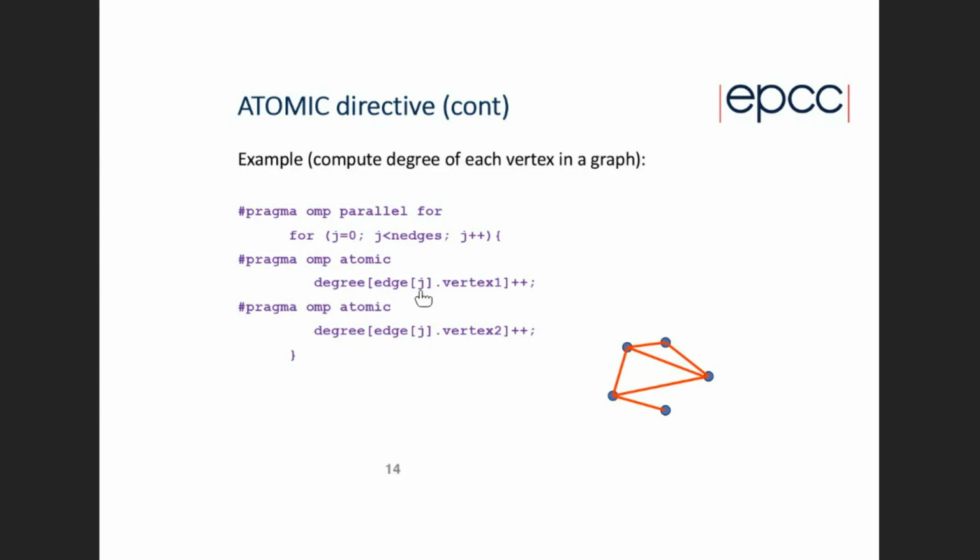Then for the jth edge, it contains an index of the vertex at one end, and use that to index into an array of degrees and add 1 to it, and then do the same for the vertex at the other end of the jth edge. Obviously this is a tiny graph, but you can imagine doing this for a very large graph. So I could have, say, millions of vertices and millions of edges going on here, in which case it might be worth executing in parallel.